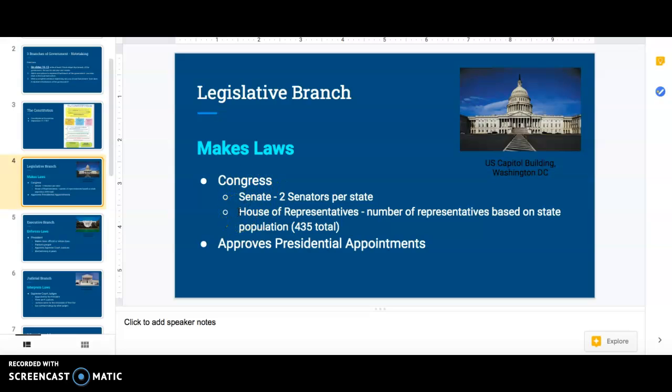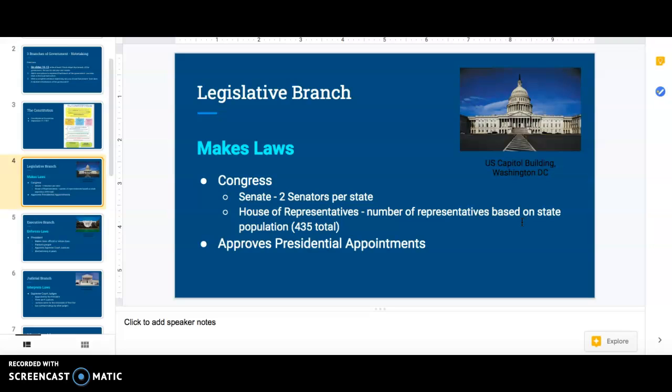The House of Representatives has 435 members. Each state has representatives in the House of Representatives. The number of representatives each state gets is based on the population of that state.